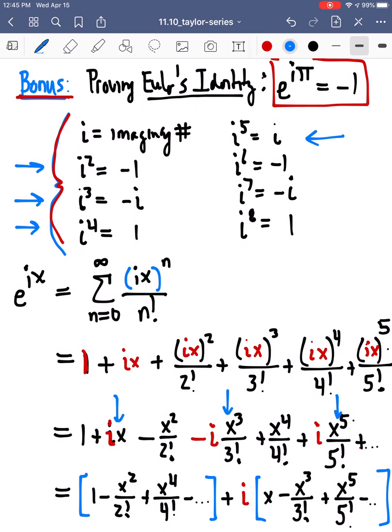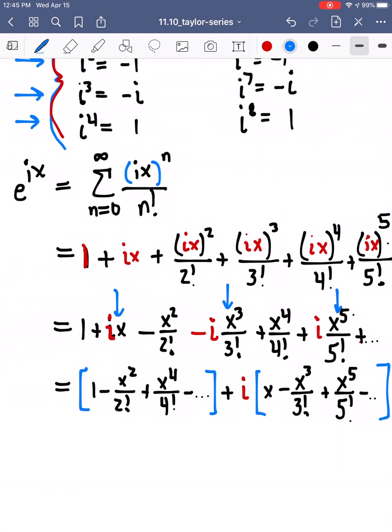So if we just reflect on that and think about what series are synonymous with only even terms and only odd terms, you can convince yourself that that first series, this is actually what's in blue. That's our Taylor series for cosine. And in the second series, what's in those blue square brackets, that's actually our Taylor series for sine.